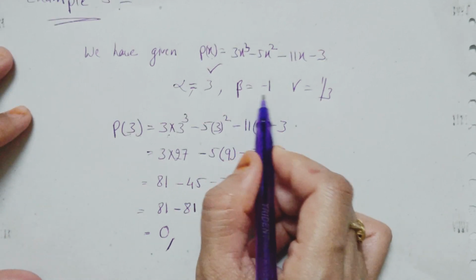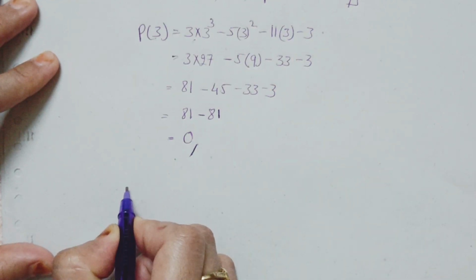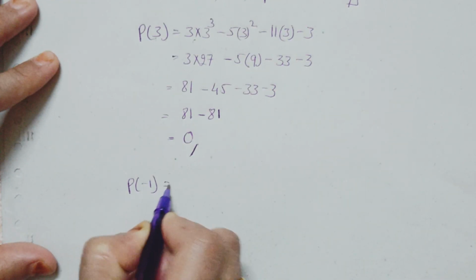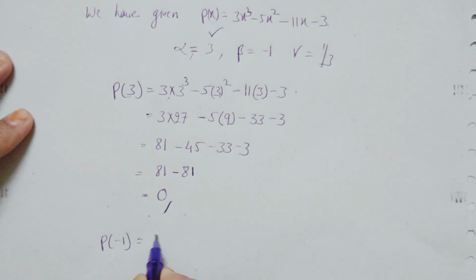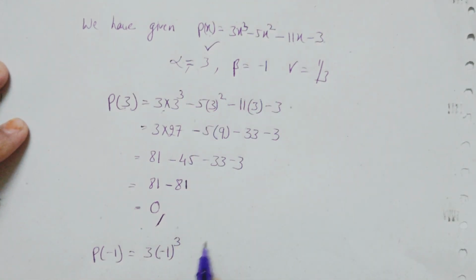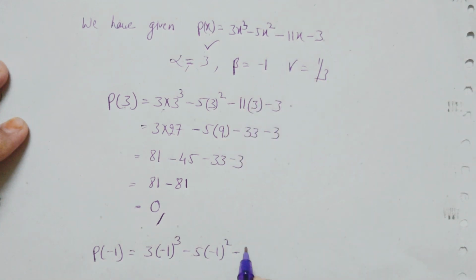Okay, now I am taking minus 1. So p of minus 1. What is the polynomial? 3x cube means 3 into x, x means minus 1 whole cube. Then minus 5x square, minus 5 into minus 1 square. Then minus 11x, minus 11 into minus 1. Then minus 3.